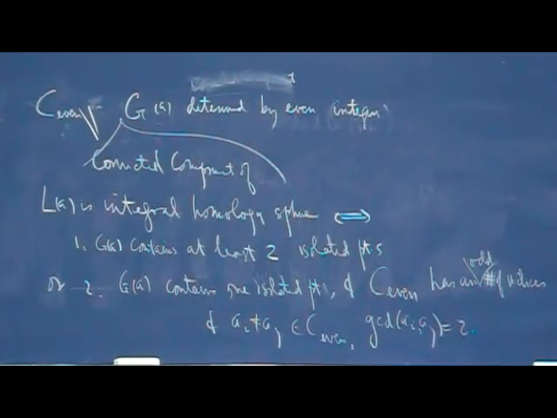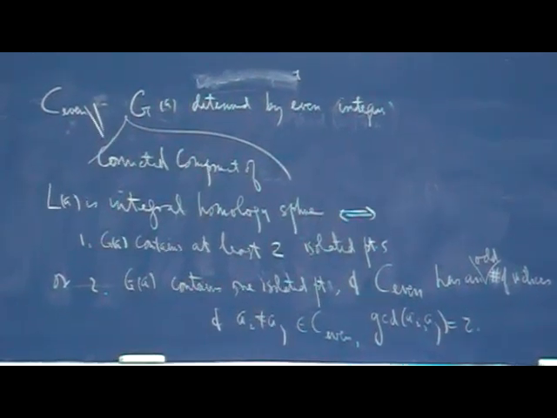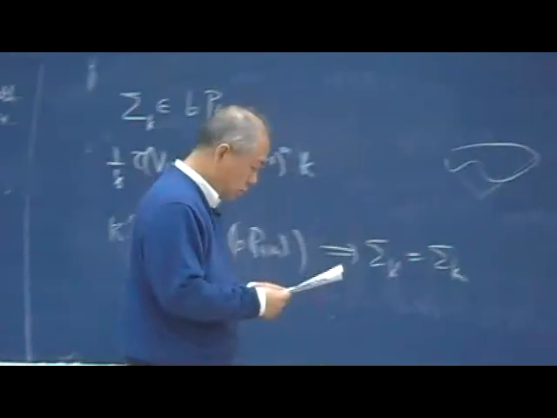So for a Brieskorn-type homogeneous polynomial, the link is considered to be a homology sphere if and only if it satisfies this condition.